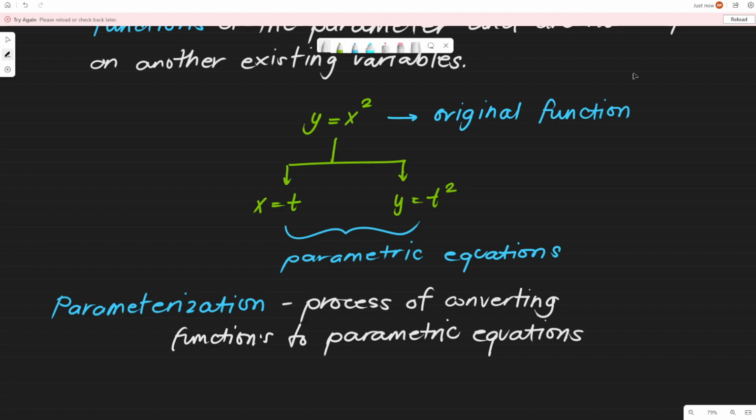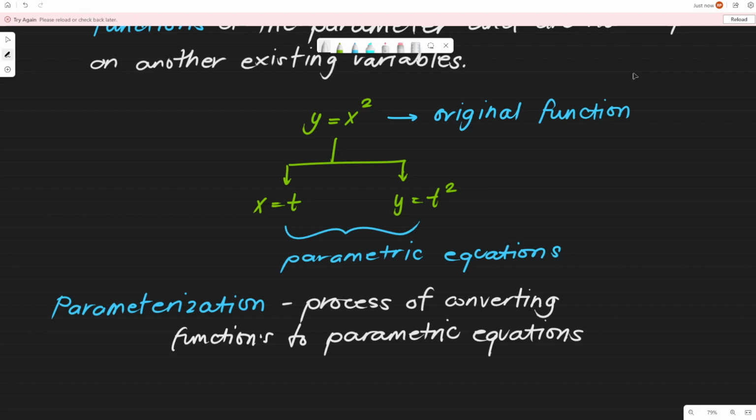To ease the burden of evaluating complex functions, we can do parameterization, the process of converting functions to parametric equations. We can convert y is equal to x squared to x is equal to t and y is equal to t squared.